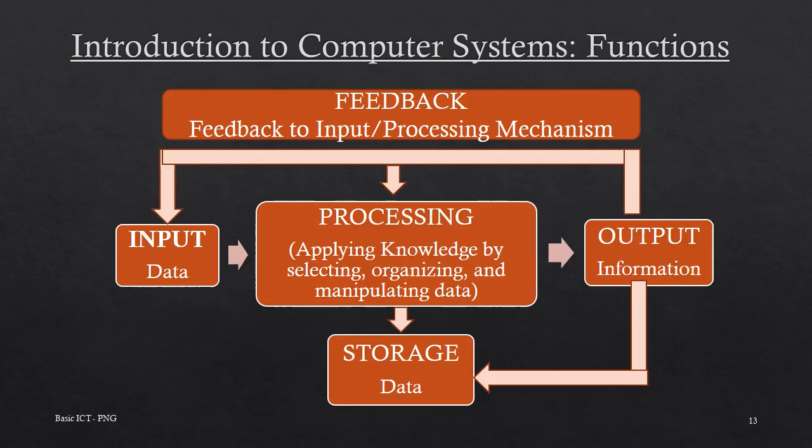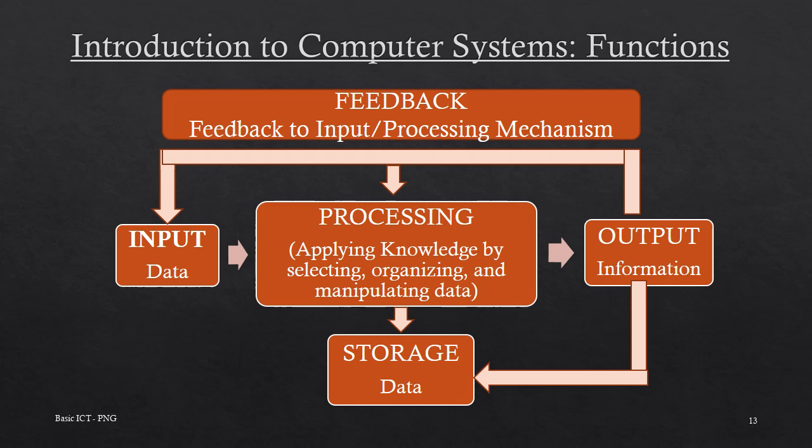This diagram summarizes the four functions of computers, the primary functions. As you can see, in input, you input data using input devices. It will be passed on to processing devices where processing function takes place. After the processing function, it can be stored.